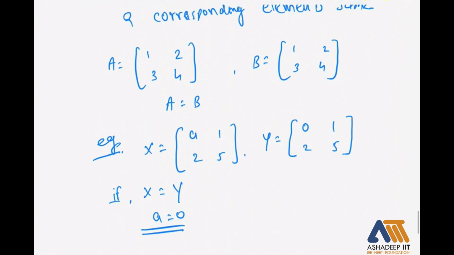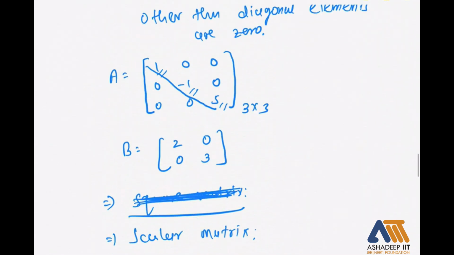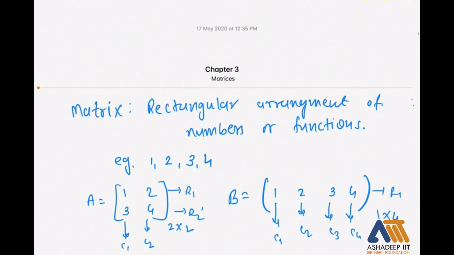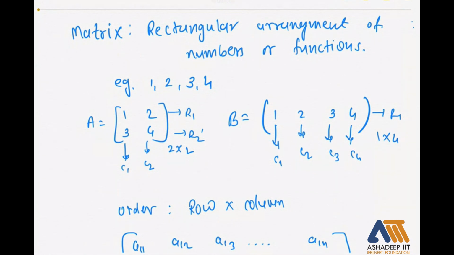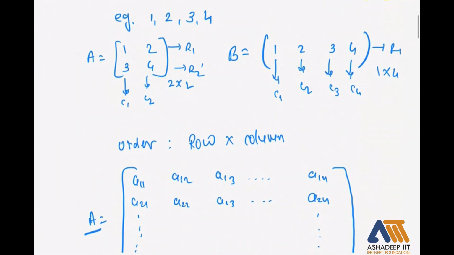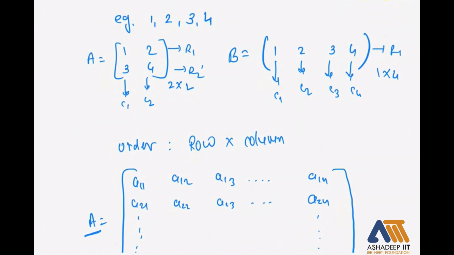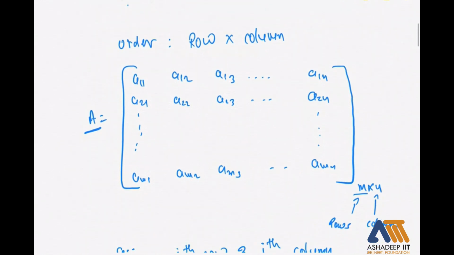Again, first let's recap. First one is the matrix. A matrix is nothing but a rectangular arrangement of numbers or functions. We can arrange the numbers in either square brackets or round brackets. This one is the general form of the matrix, m rows and n columns.